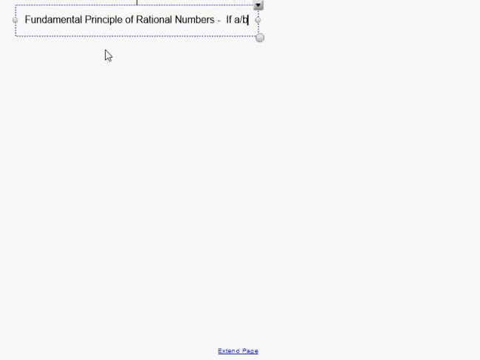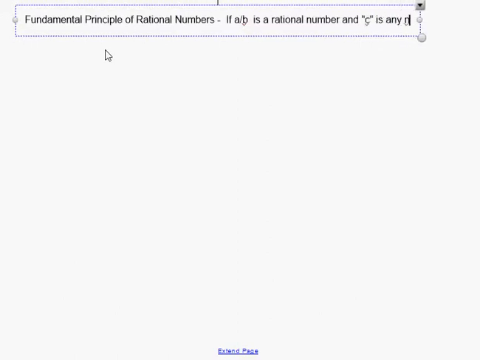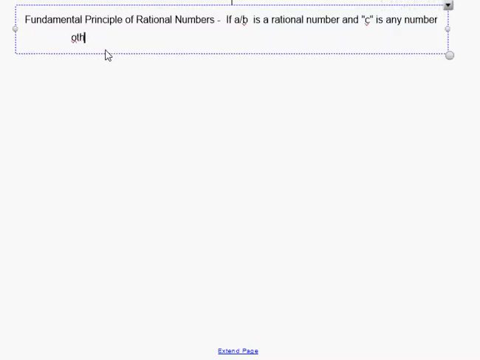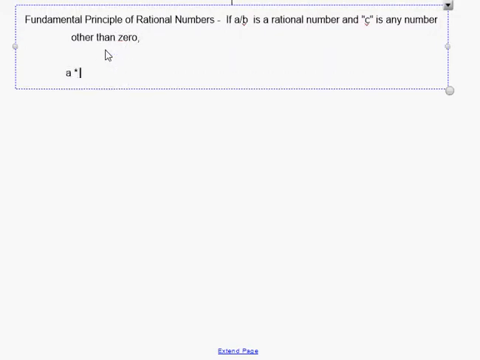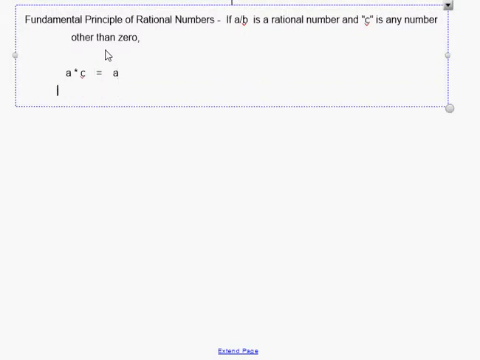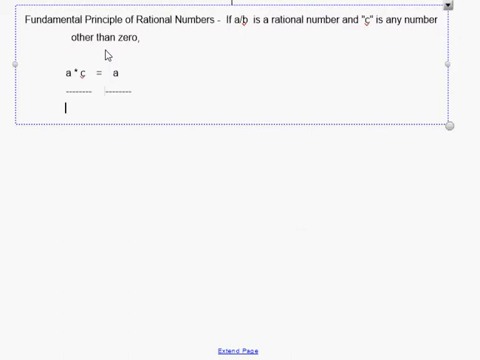If A divided by B is a rational number and C is any number other than 0, then we can say that A times C over B times C equals A over B.